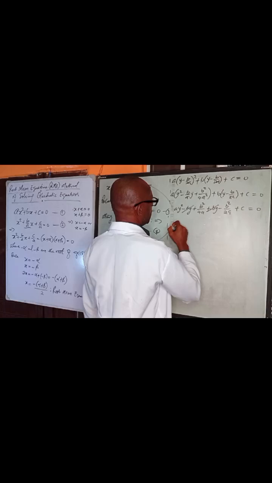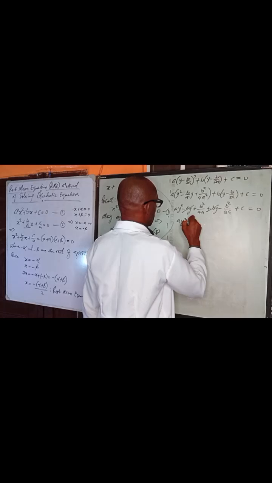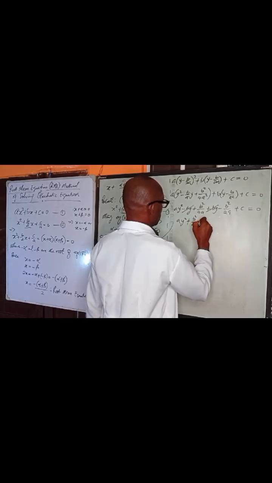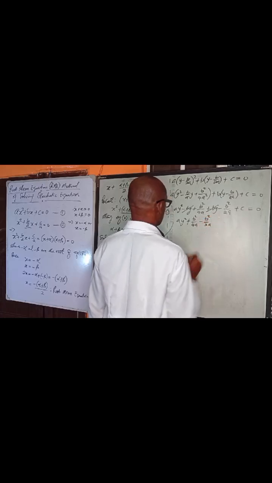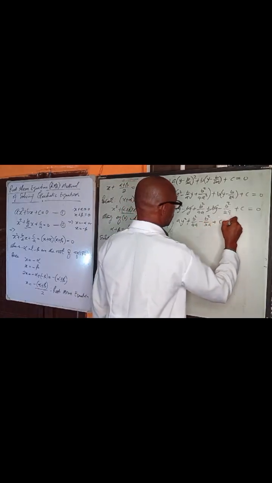Now I have ay squared plus b squared all over 4a minus b squared all over 2a, plus c equals 0.